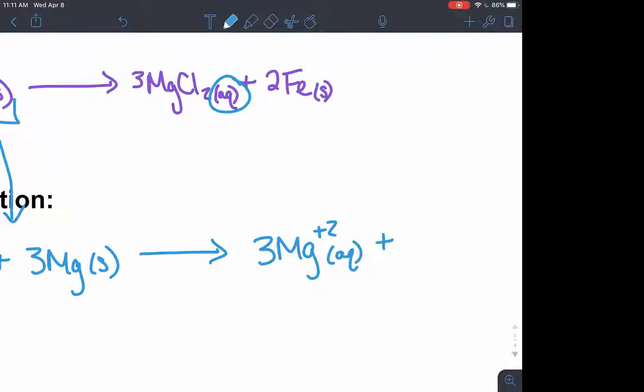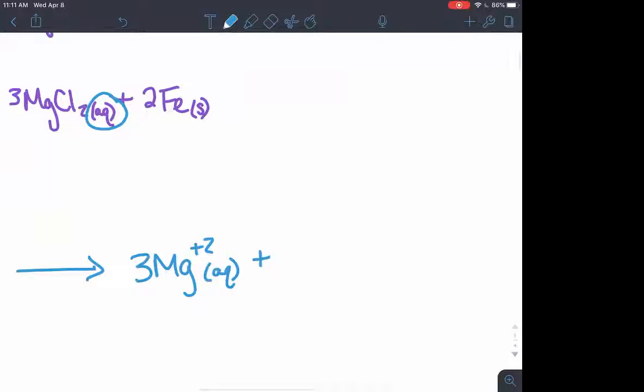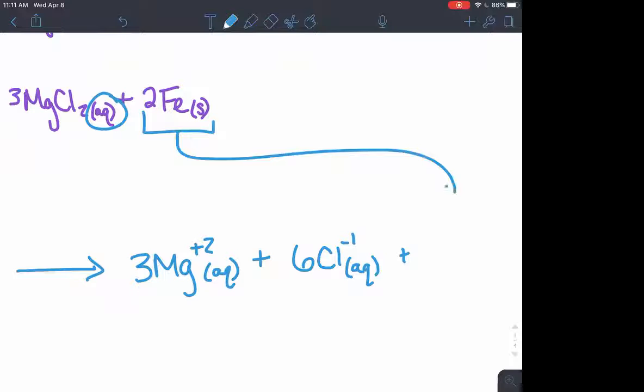And then we add to that, we have how many chlorines? 6. 6 chlorines with that -1 charge. And these were aqueous. And then remember that because our iron is a solid, it just comes right into here. And we just leave that solid into this problem, so we don't touch that one.